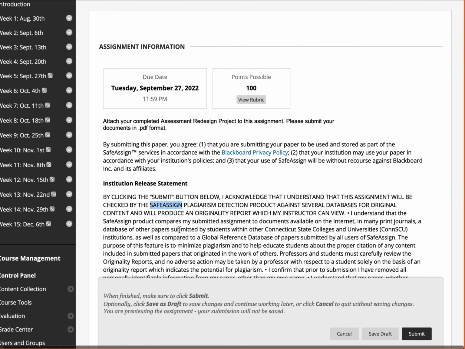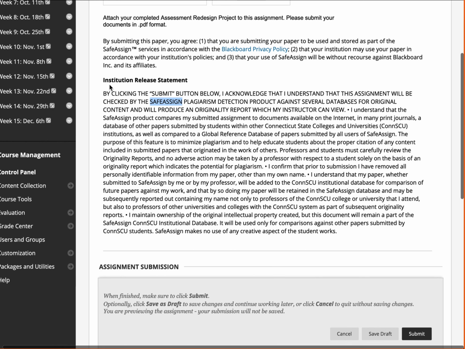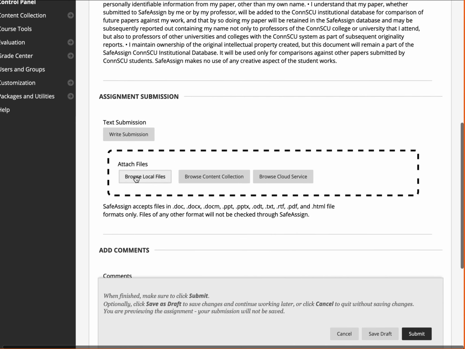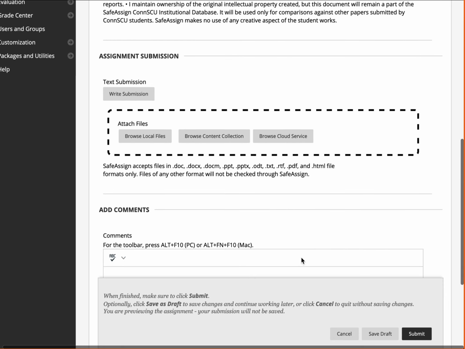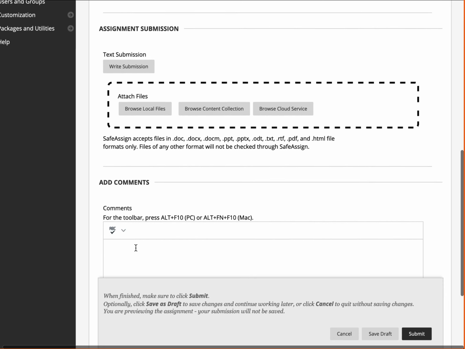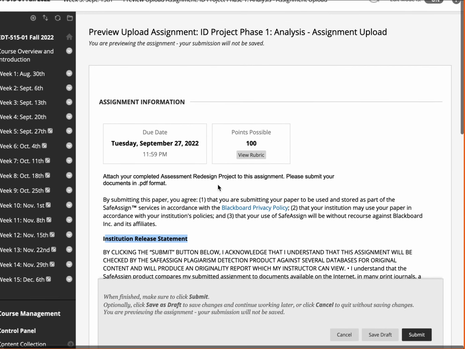But just so you know what all of that institution release statement is about, that's just about the Safe Assign service. So just attach the file and submit it. And that's really all you need to do. You can add comments if there's something you want to let me know about the file or whatever. You can add a comment to your submission.